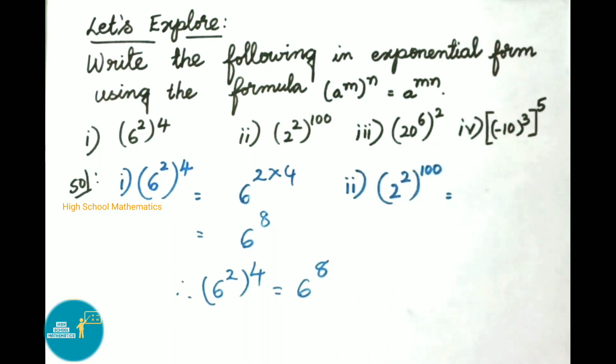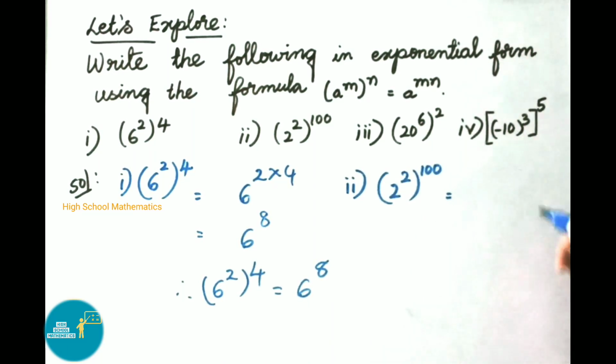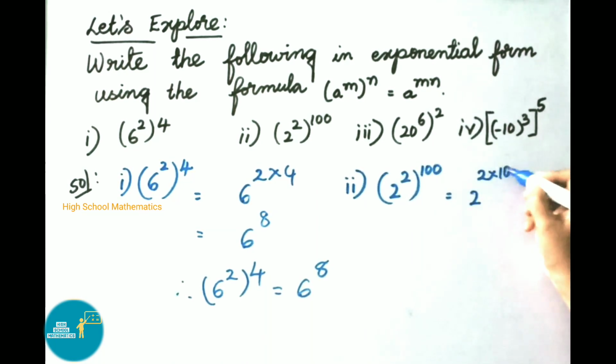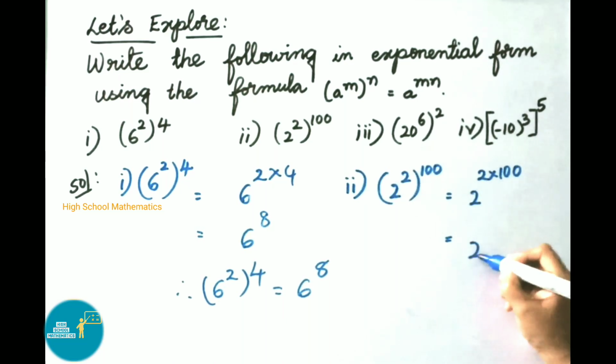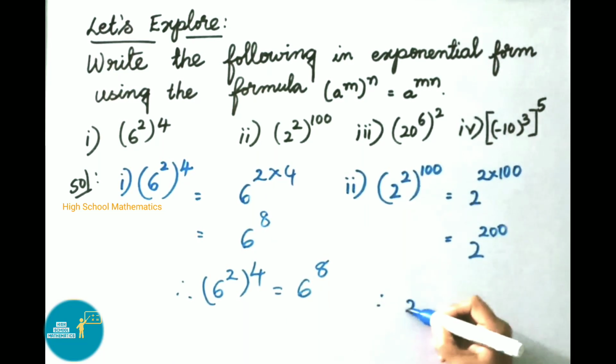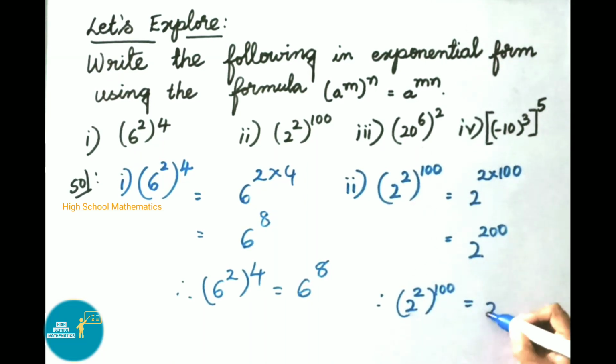See now second sum, 2 power 2 whole power 100. It is looking like a power m whole power n. So it can be written as a power m into n, that is 2 power 2 into 100. That equals to 2 power 2 into 100, that is 200. Therefore 2 power 2 whole power 100 is equal to 2 power 200.